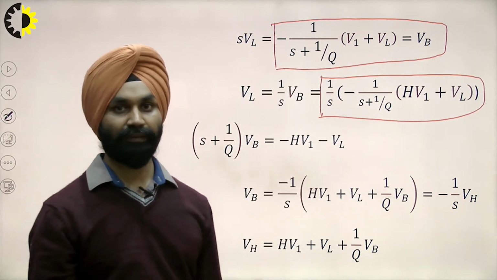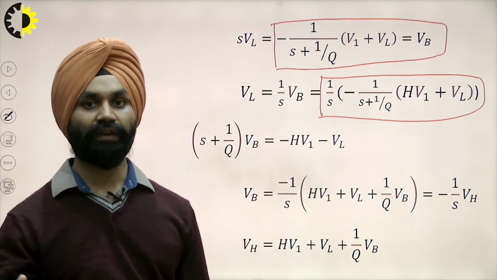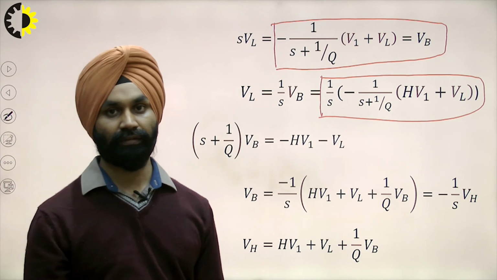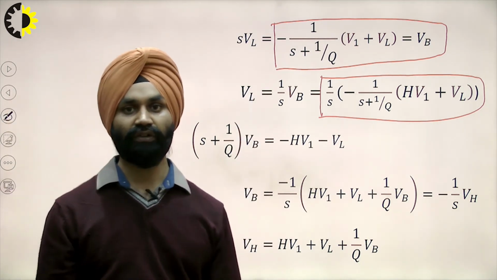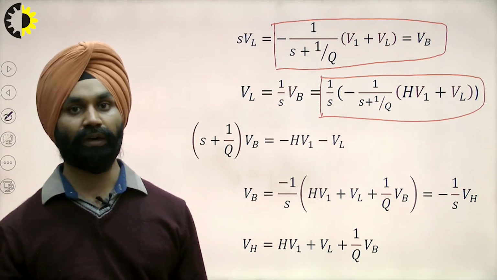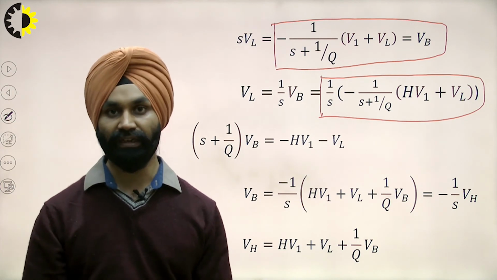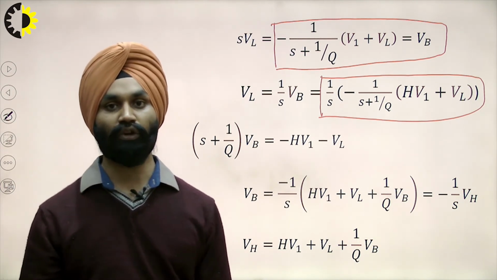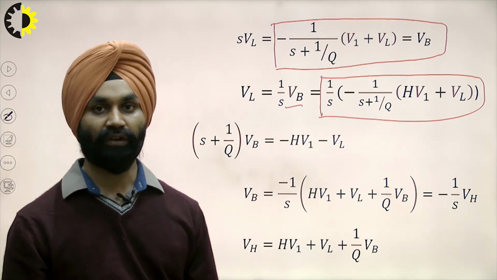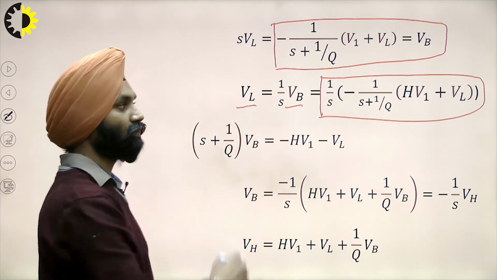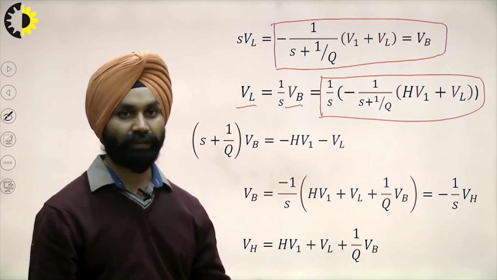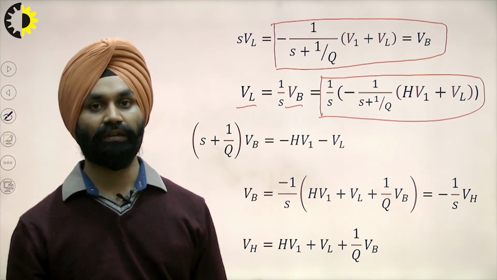Now, VL is the point where we are getting the output, and when we multiply by 1 by S, we are integrating that VL. By integrating we are getting a band of frequencies, a range of frequencies for which we are getting the output. So, this will be a band voltage. If we give a low pass output, 1 by S will give the integration of that, and that will give the band pass filter.